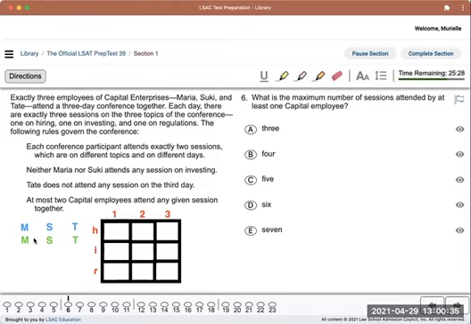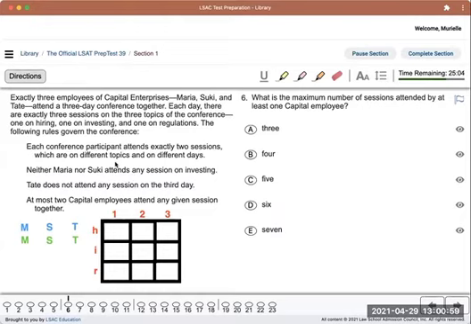So I have 2 sessions for Maria, 2 for Suki, and 2 for Tate. And I just did them in different colors, but we don't have to do that. But that's just one thing that I did to show that they have to be different topics and on different days. So I do actually have to separate them.